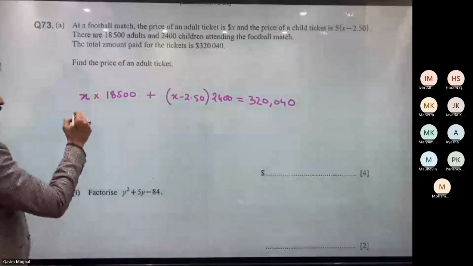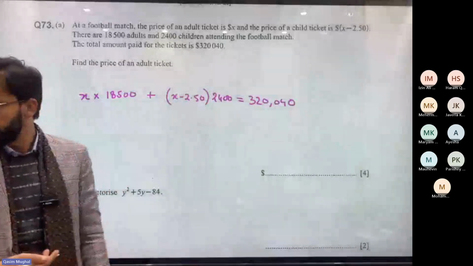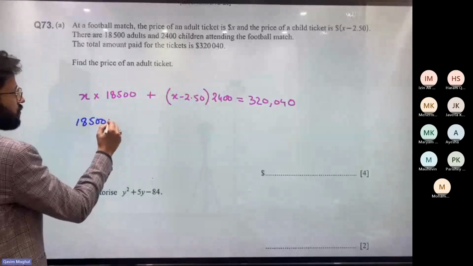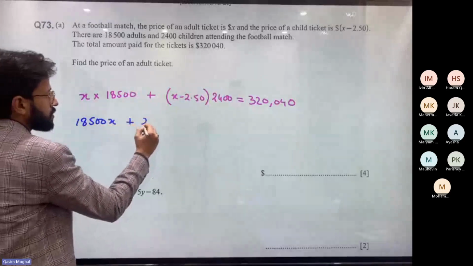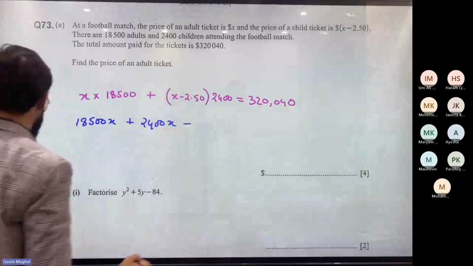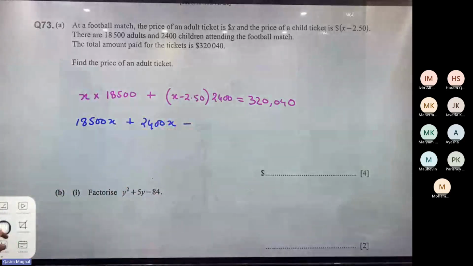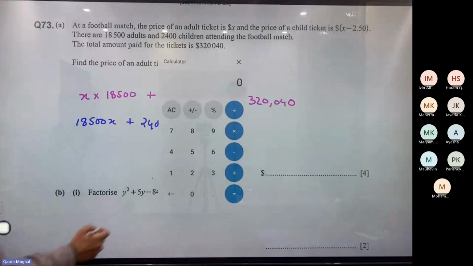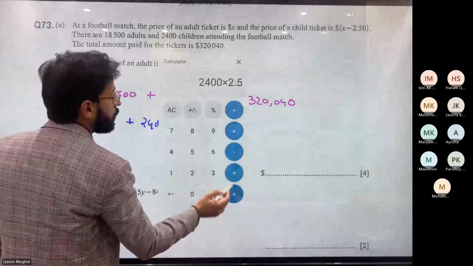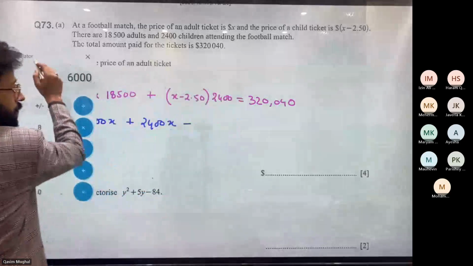Okay, simple equation बन गई है, तो आसान है. ठीक है, so 18,500x plus 2,400x minus 2,400 times 2.5, which is 6,000.